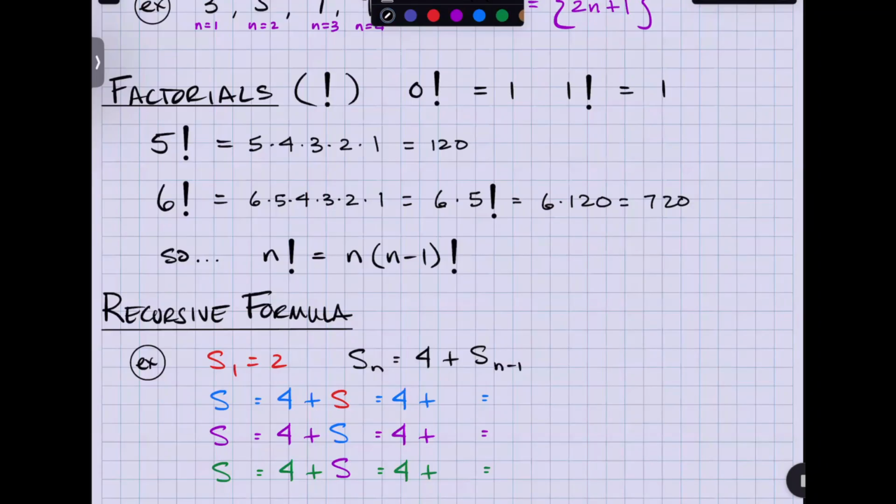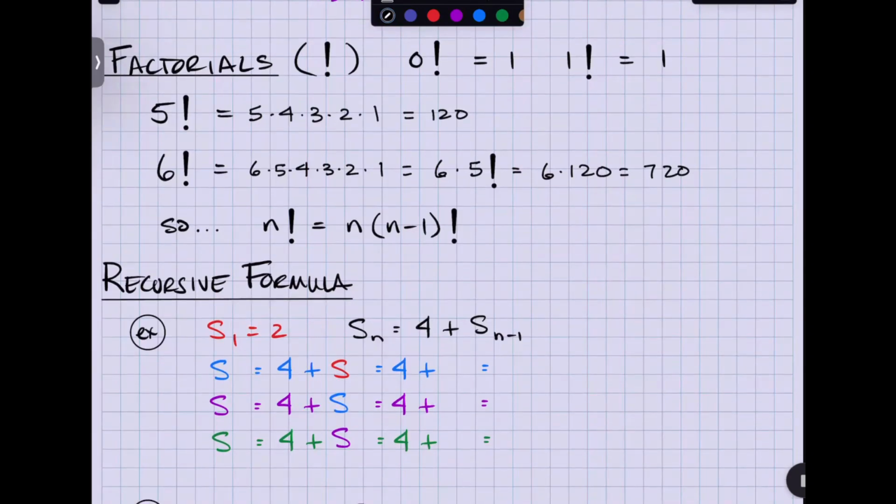Are we okay so far? So recursive formula. All recursive formula is saying is that the next term depends on its previous term. So without its previous term, you can't get to the next term. So I can't get to the 4th term unless I have the 3rd term.